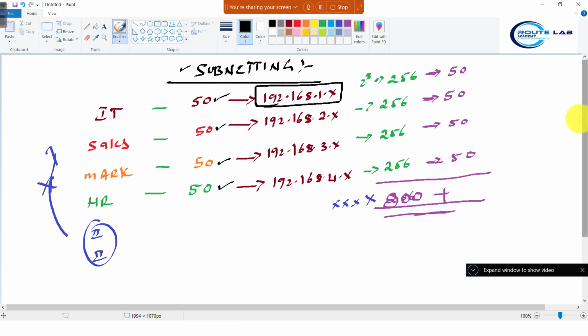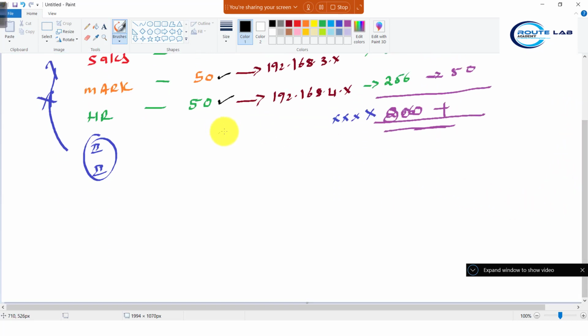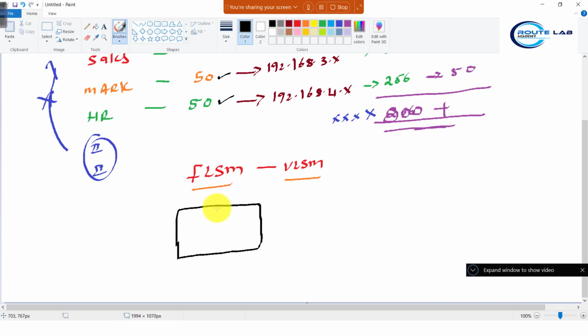In order to perform this subnetting, we have two methods. One is FLSM and another one is VLSM. FLSM stands for fixed length subnet mask, and VLSM stands for variable length subnet mask. Fixed length is where we divide the network into smaller networks of the same size, like your classrooms.